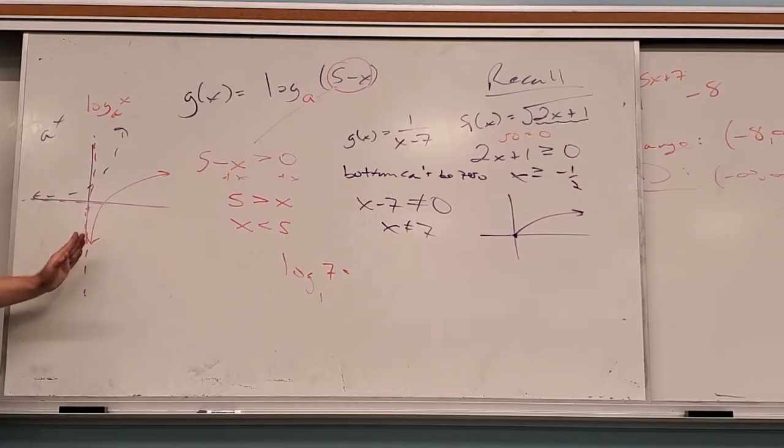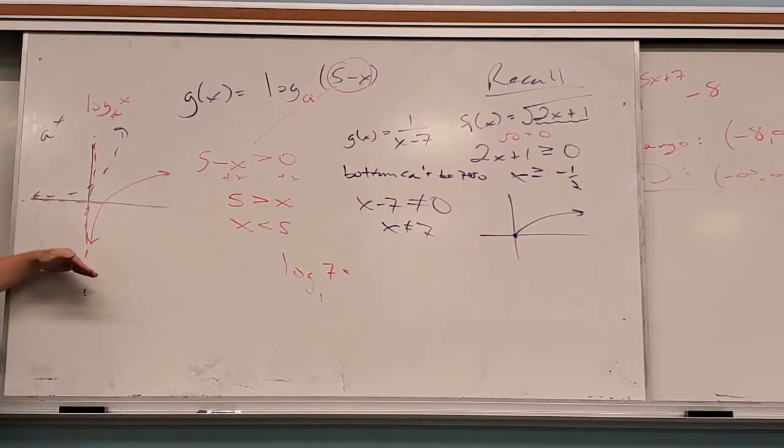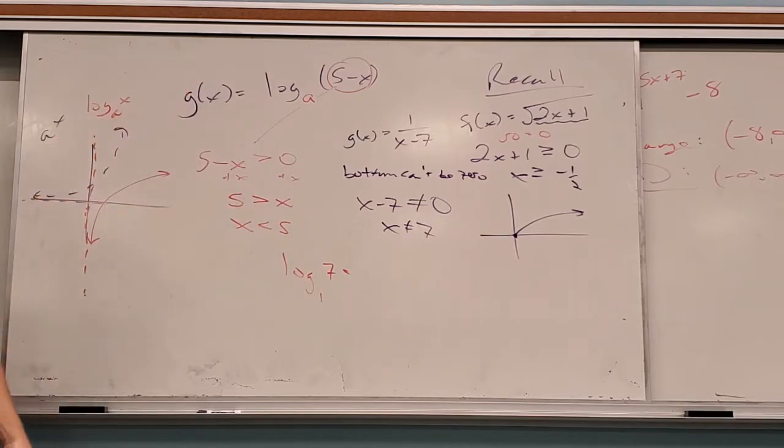What's the range of a logarithm? Is there any output that I can't get for a log? Yeah, it's all real numbers. Negative infinity to infinity. I can get every output possible.